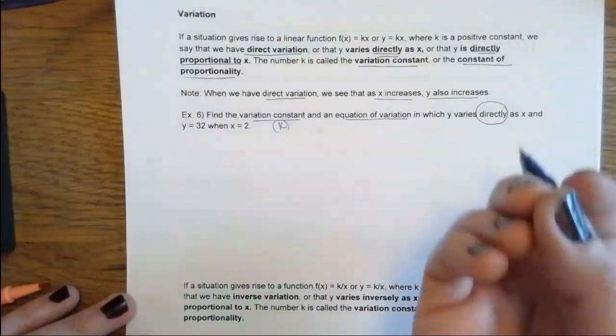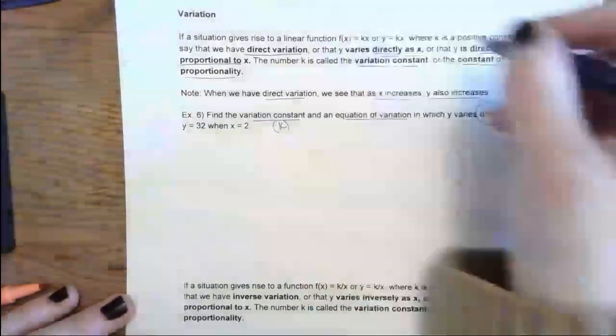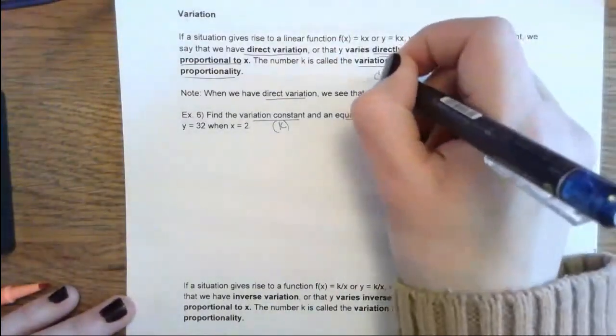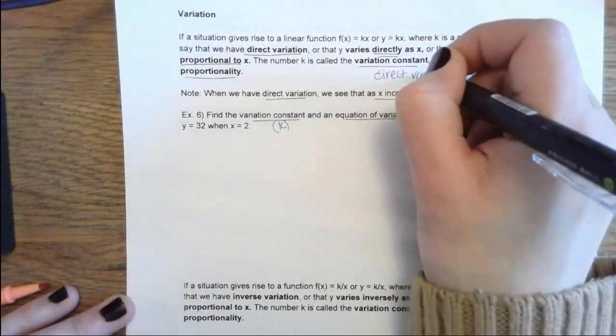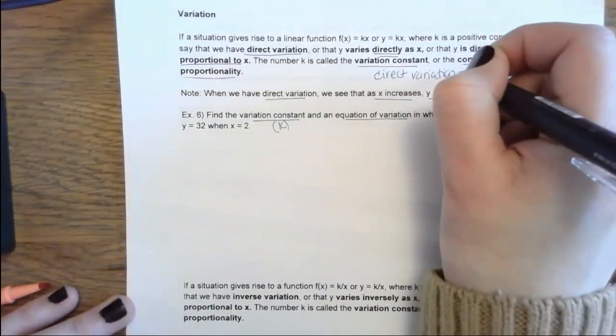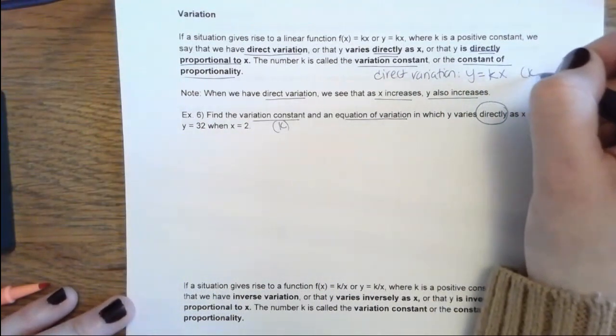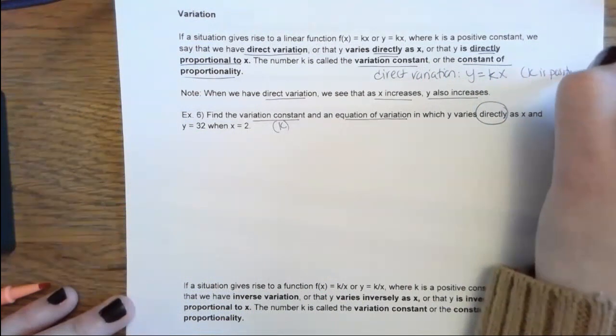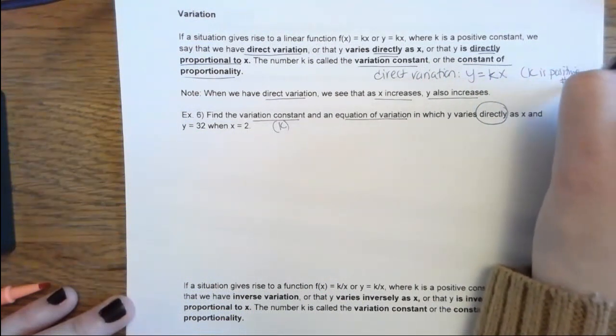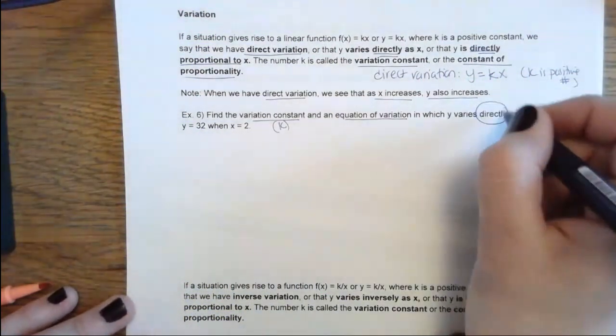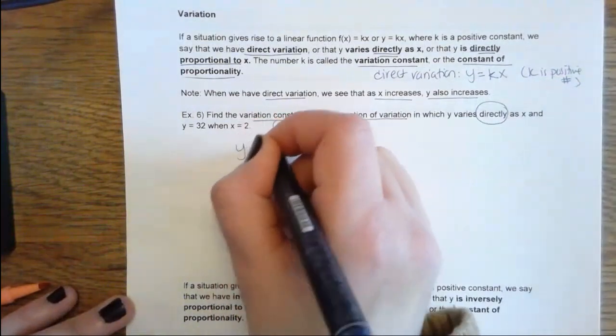When you see direct variation or varies directly, you're using the starting formula of y equals k times x. And again, k is a positive number. So if I see direct variation, I'm going to start with that basic setup.